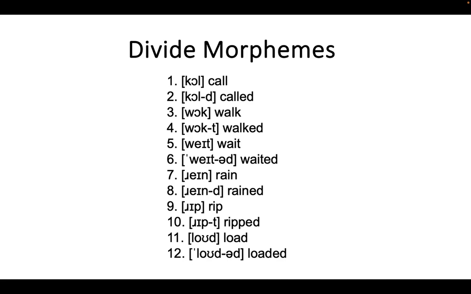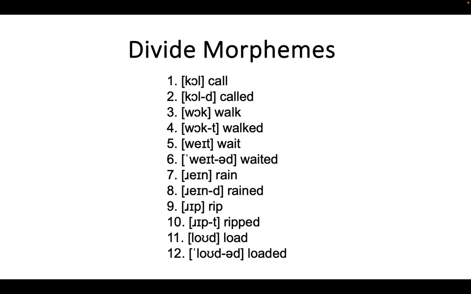And so when we do that, we're going to end up with the morpheme divisions looking like this. For example, for the first pair of verbs, we've got call and then called. So the suffix for called is just duh.